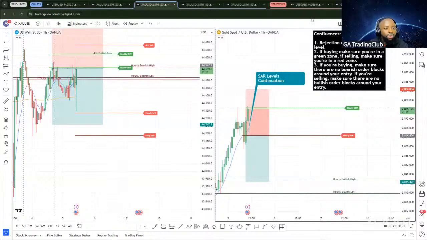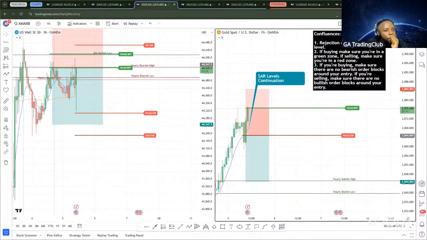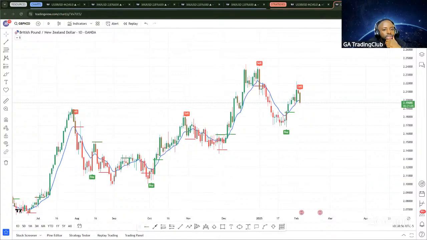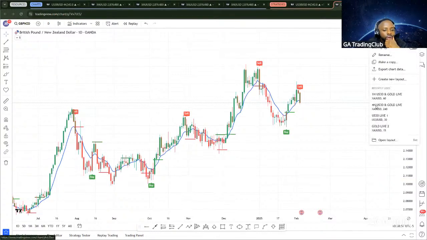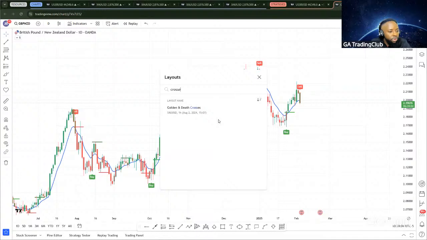20 more minutes. I don't know, honestly, what we are going to do for 20 minutes. Let's see what else there is. Let me see something. Layout. I haven't looked at this in forever.